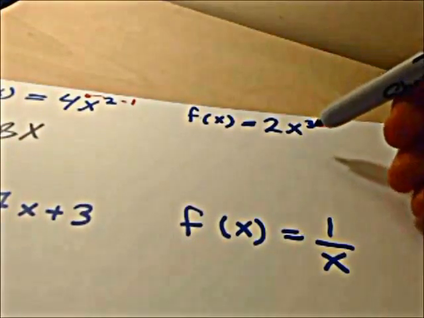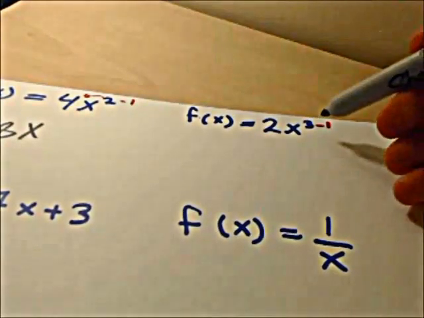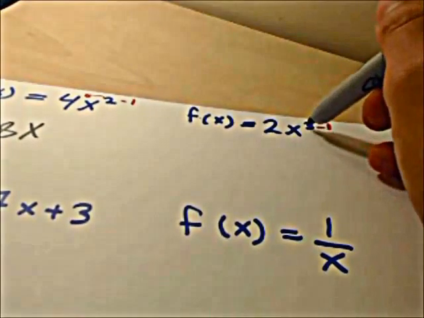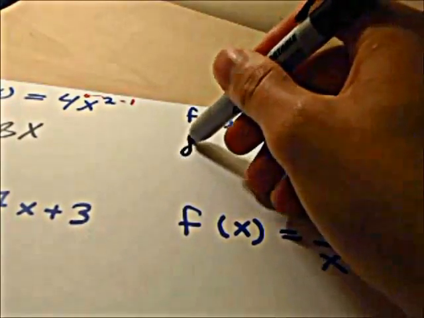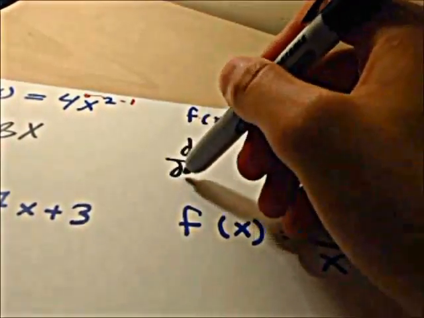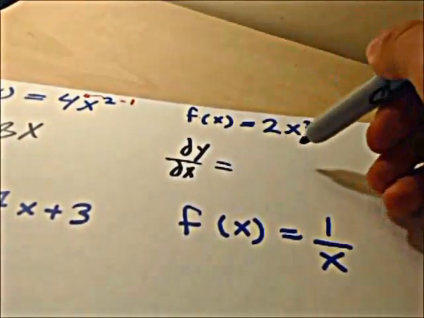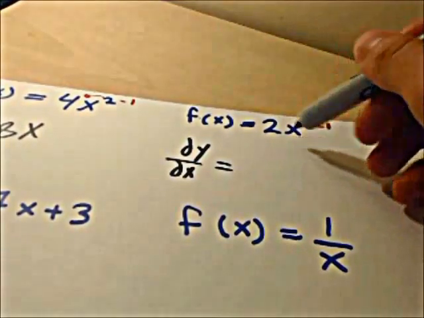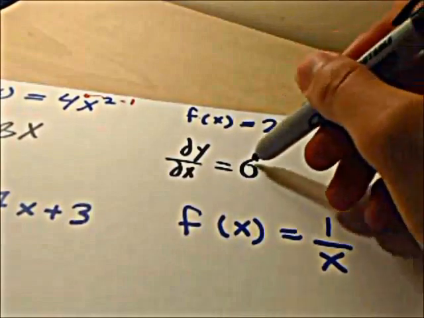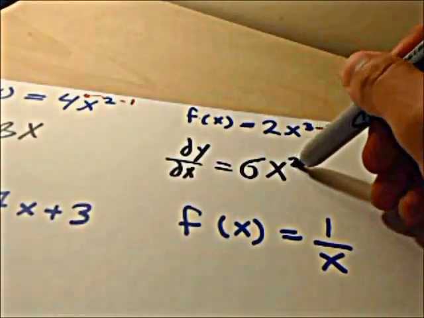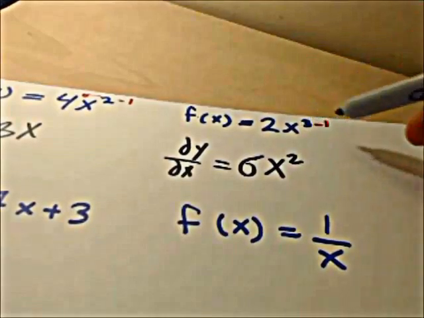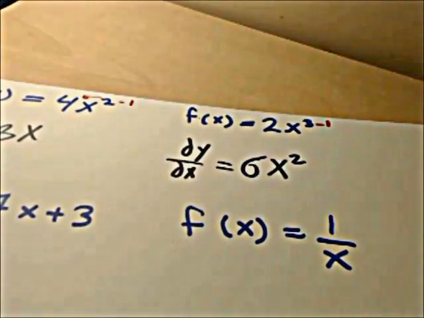I think that's the better way of saying it. So again dy/dx equals 3 times 2, which is 6, and then we subtract 1 from the power, which in this case is going to be 2 because it was 3. 3 minus 1 is 2.